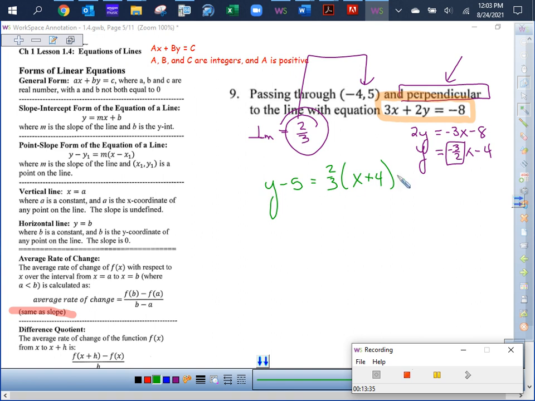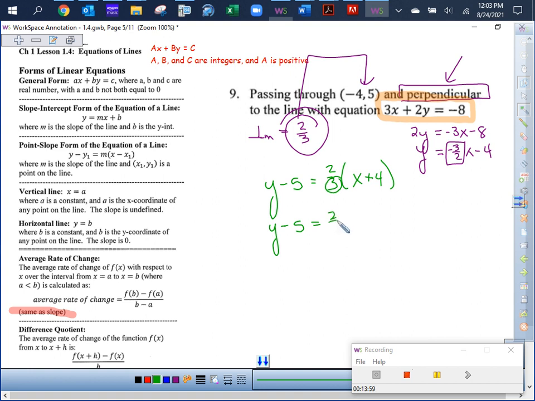So I got it subbed into point-slope form. Is everybody cool with where the numbers are and why they're supposed to be there? And when I wrote it, I saw I'm going to get in trouble because this denominator doesn't go into 4 evenly. That's cool. We can figure it out. So I'm going to distribute the 2/3 through, and we can definitely use our calculator to help us with fractions if we want to.